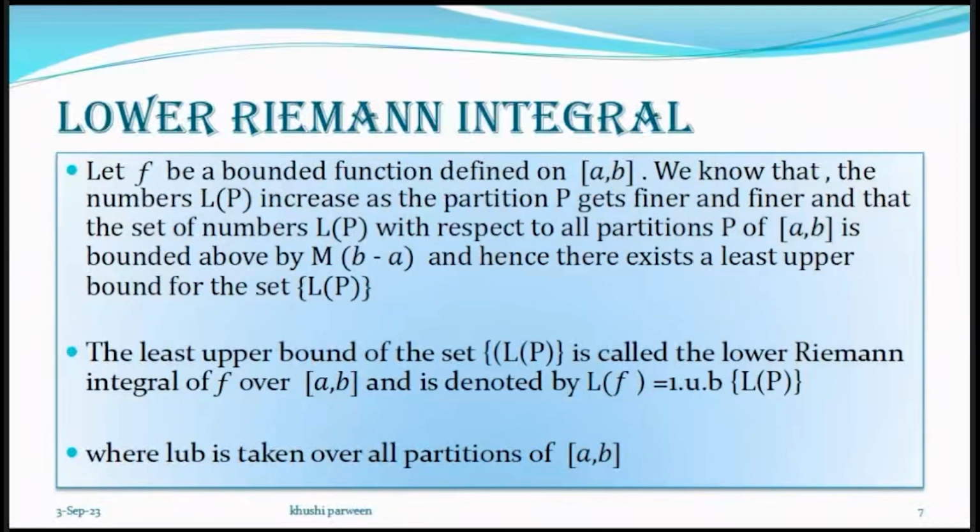Hence, there exists a least upper bound for the set of L(f, P). The least upper bound of the set is defined as the lower Riemann integral of f over [a, b] and is denoted by L(f), which is equal to the least upper bound of the set of L(f, P), where the LUB is taken over all partitions of [a, b].